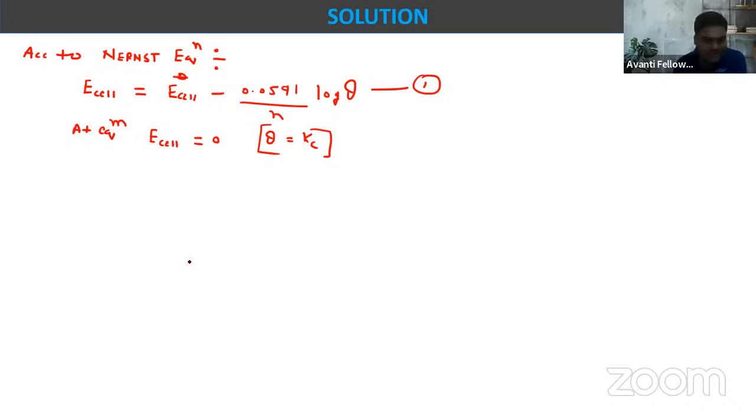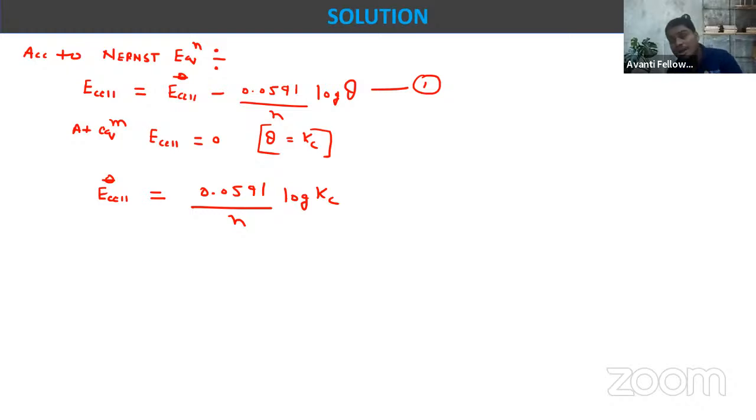So how will you write the formula now? We can write the formula as E naught cell is equal to 0.0591 divided by N into log Kc. This is the formula we have.